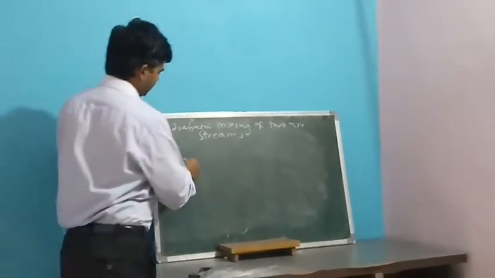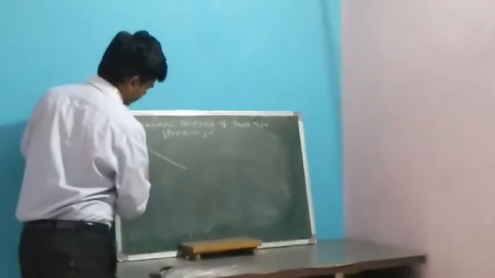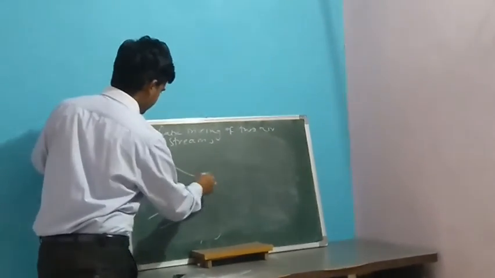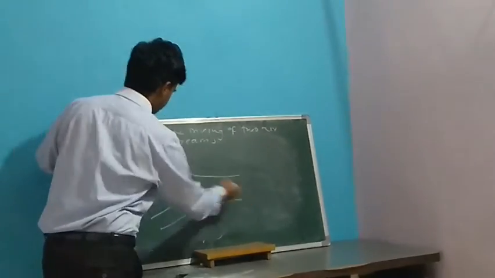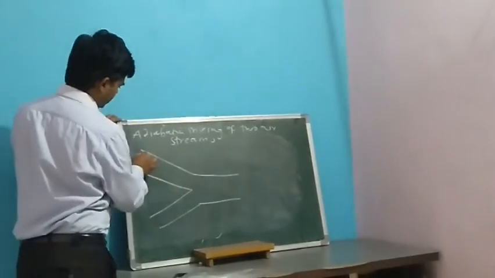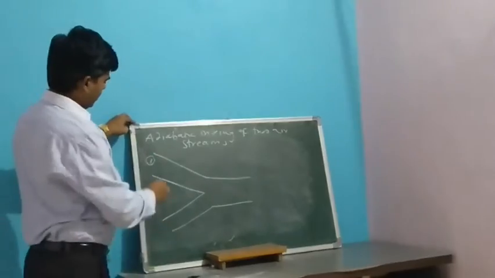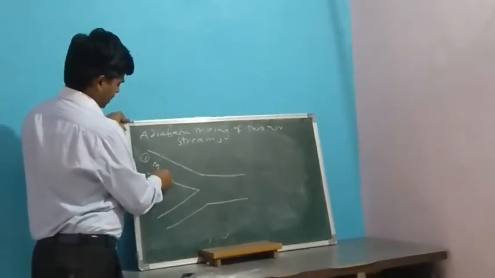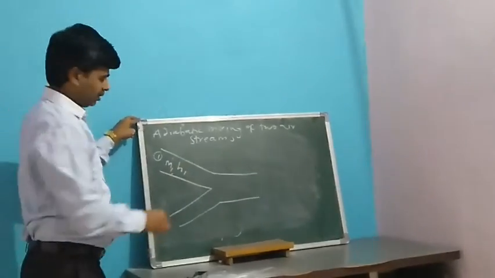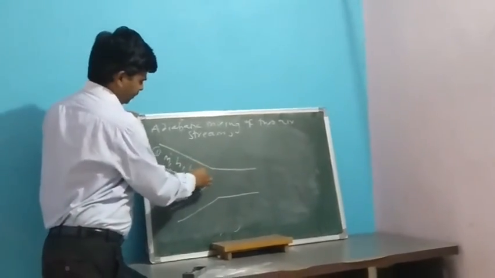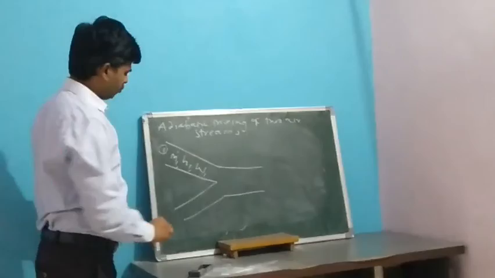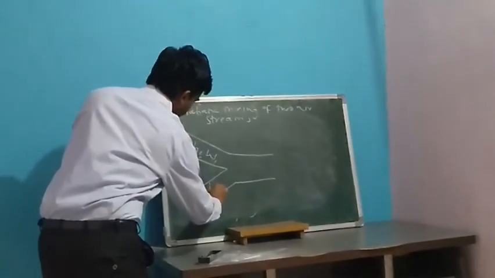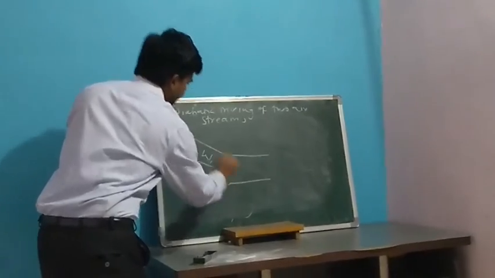So I am considering the two air streams here, like this. This is the first air stream, having mass flow rate m dot 1, enthalpy H1, and specific humidity W1. Here it is m dot 2, H2 and W2.